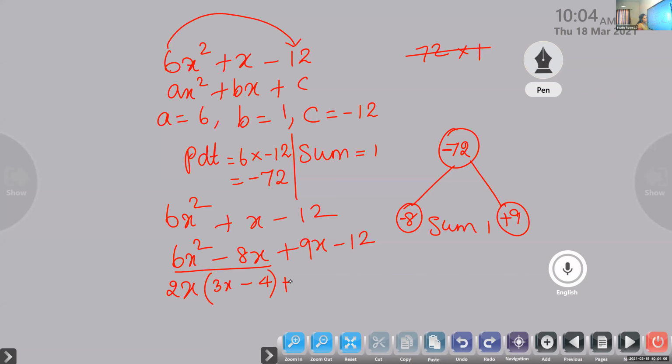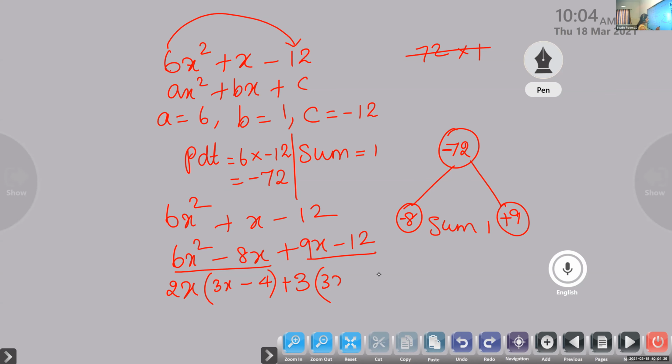Now look at the next two terms. Lolita, from the next two terms, which one can you take as common? You can take 3 as common, isn't it? If you take 3 as common, what will you get? 3x minus 4.